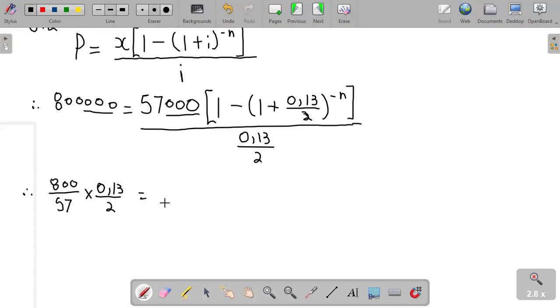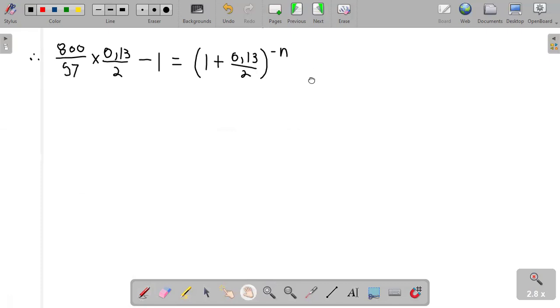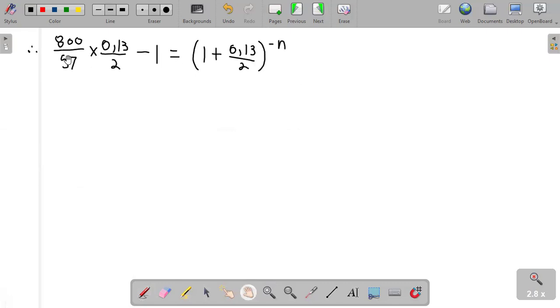Equals to, okay, if we bring the 1 here, it's going to be minus 1. This one, if it goes that side, it's going to be minus 1 equals to 1 plus 0.13 over 2, and then negative n. Okay, then we have to simplify it further.